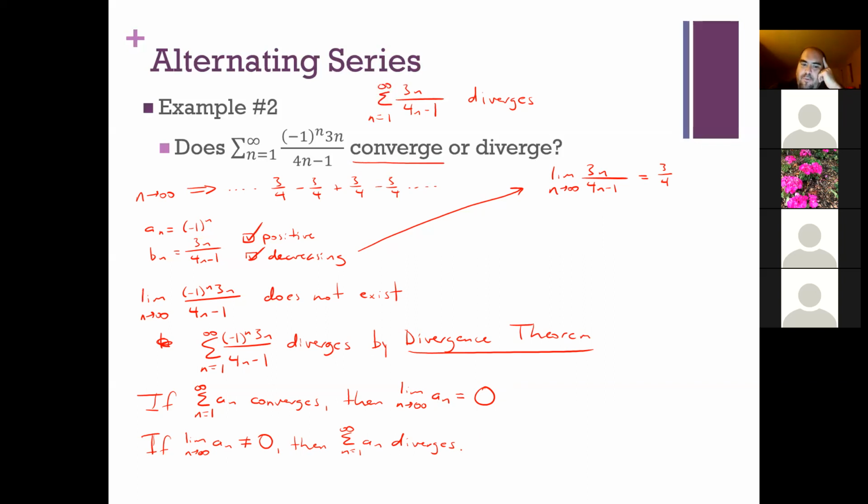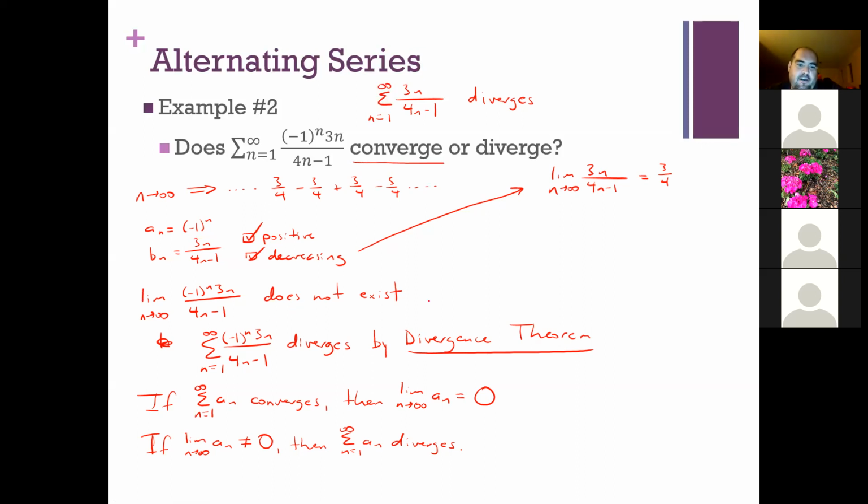So the only way that can possibly converge is if eventually I am effectively just adding zeros, which means the sequence needs to have a limit of zero. So the divergence theorem says this: if that limit is anything else, or if it just doesn't exist, then your series can't possibly converge.